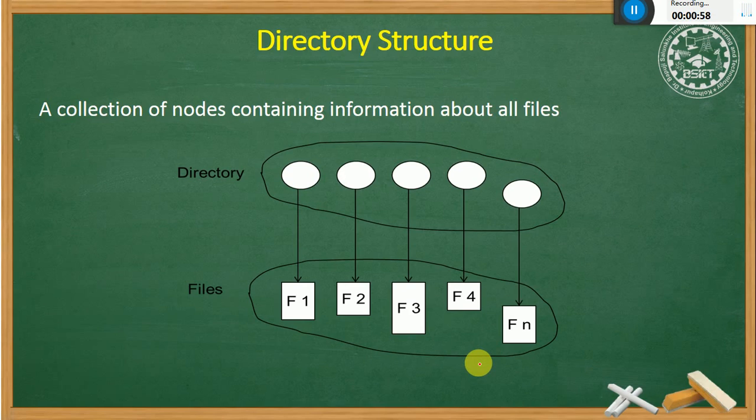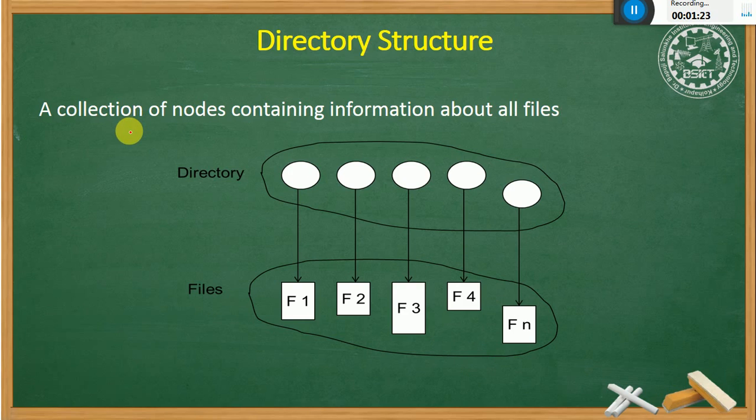My dear students, in 6.3, the first question is: what is a directory? How is the directory structure available in the operating system, or what are the different directory structures available in the operating system? So a directory is a container of files. It is very simple.